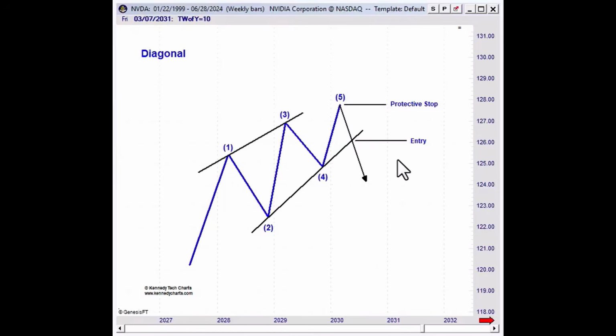That could be an entry technique, and your protective stop is going to be the high of the move. Or you can wait until, say, the high of a price bar is below that 2-4 trend line. This technique is not as aggressive as what we just discussed, and it allows a little bit of confirming price action to take shape.